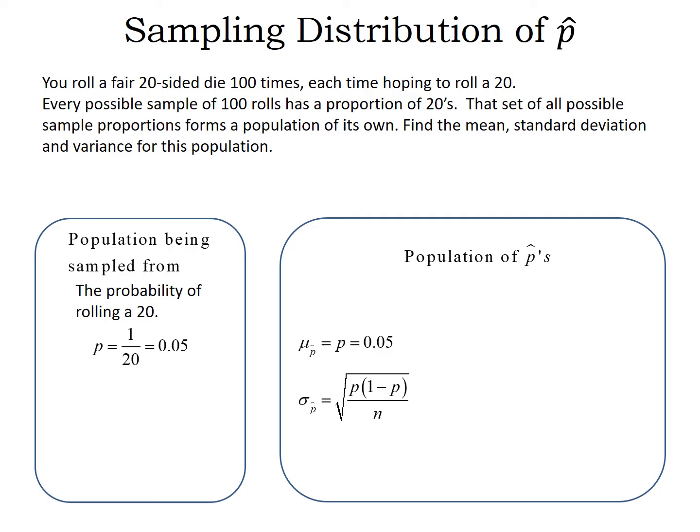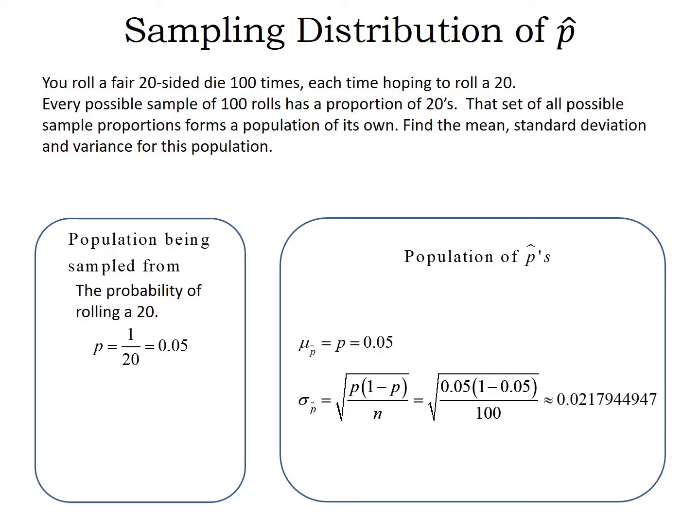The standard deviation is given by this formula. And so we simply have to insert the 0.05 for p, and the sample size here is n equals 100. So our standard deviation of our sample proportions is given by the square root of 0.05 times 1 minus 0.05 divided by 100.